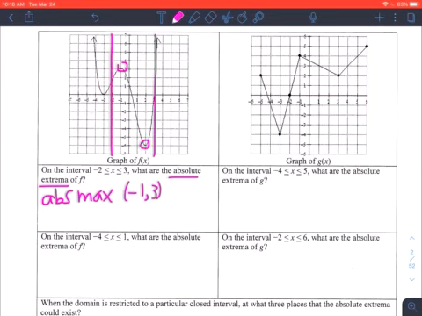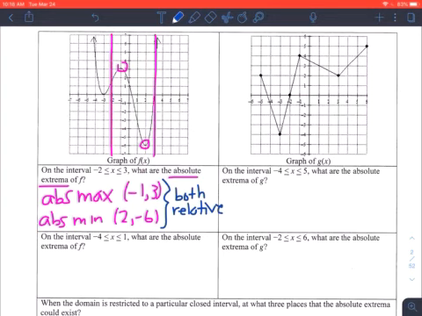And my absolute lowest point is going to be at 2, -6. Now, both of these are also relative maxes and mins. And they're both relative because they are changing from increasing to decreasing or decreasing to increasing within that interval.